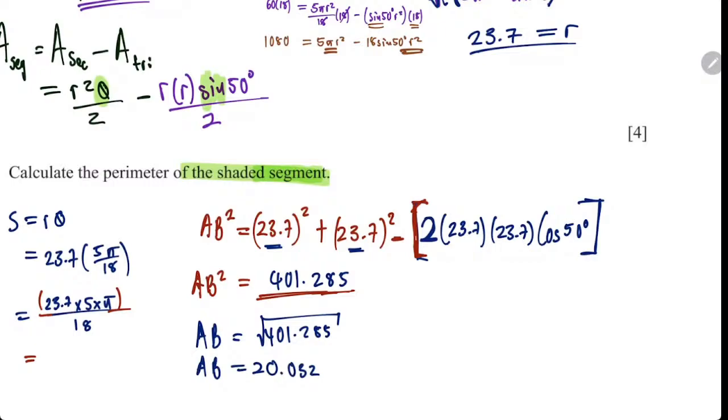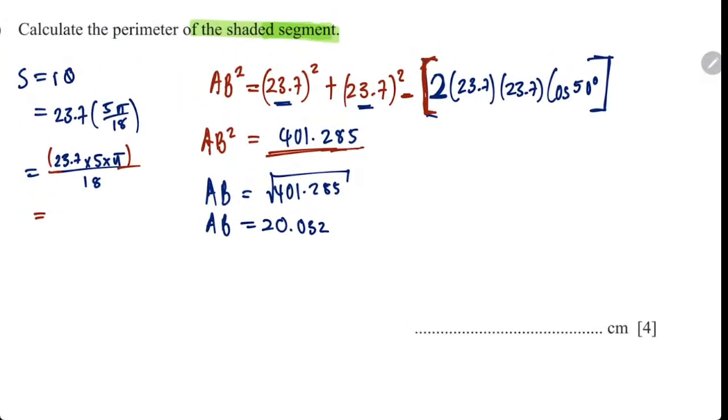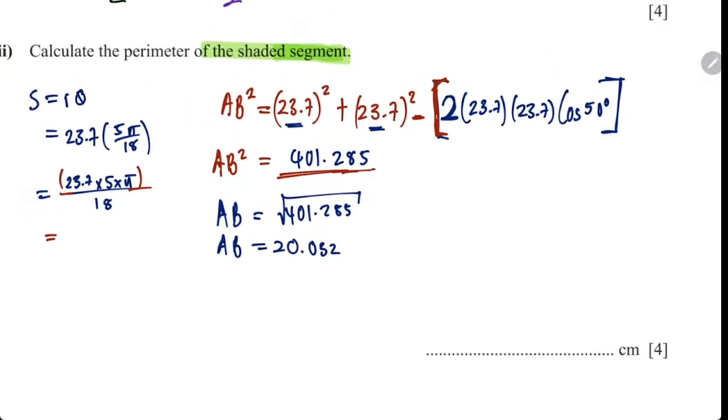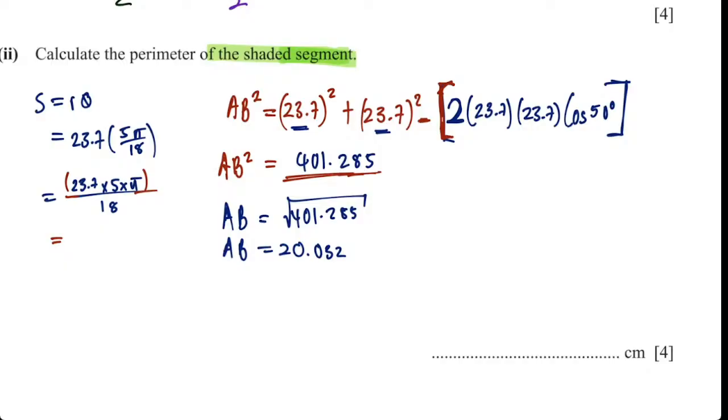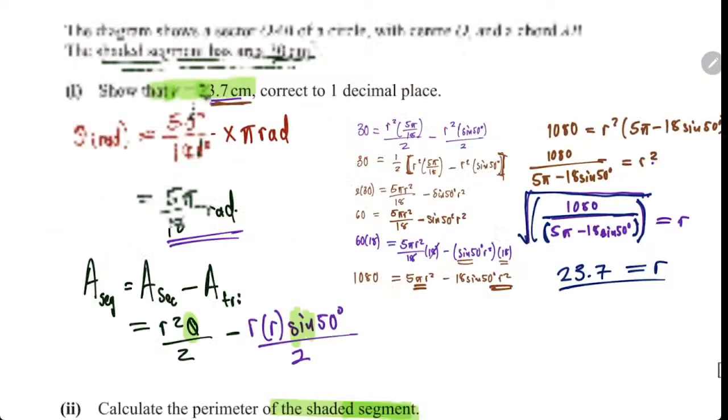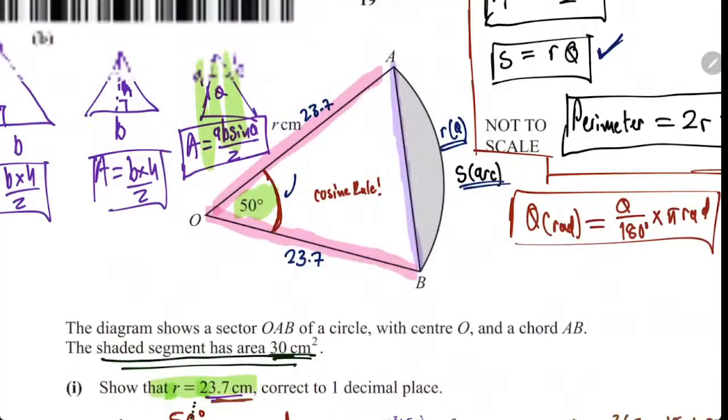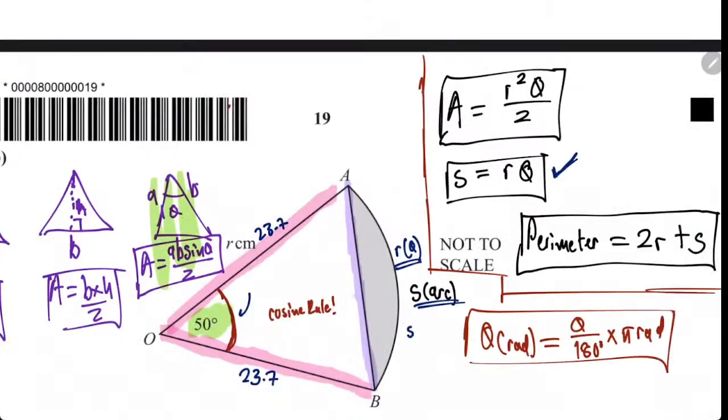20.032. So this is where the 4 marks was coming from, because now for this other one, which we didn't do, it was 23.7 times 5 times pi, and divided by 18, which was 8.27, which meant that perimeter now is equal to this S by AB. This is AB.